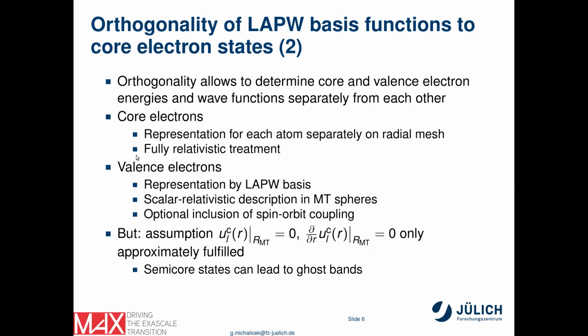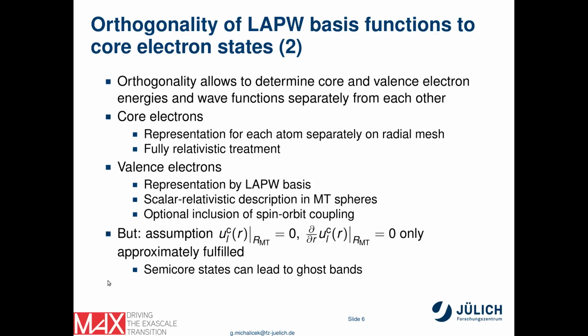And the valence electrons we describe by the LAPW basis. There we have a scalar relativistic description of the Muffin-Tin spheres, so this is something that actually differs from what I showed you before. So before we saw the radial Schrödinger equation, but in reality this is a scalar relativistic description. And optionally we can also include spin-orbit coupling.